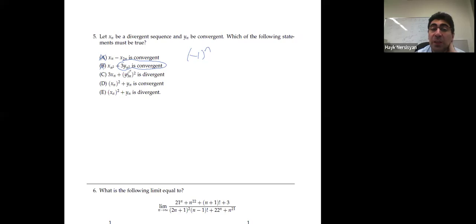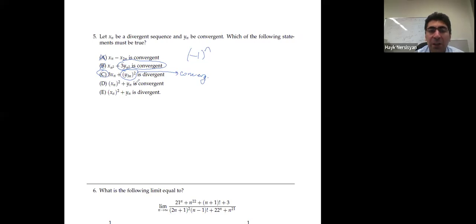This seems to be correct because y3n is convergent. This one is convergent. And convergent plus divergent is divergent. So let's circle this, but let's discuss the other two options. Hopefully they will be wrong.